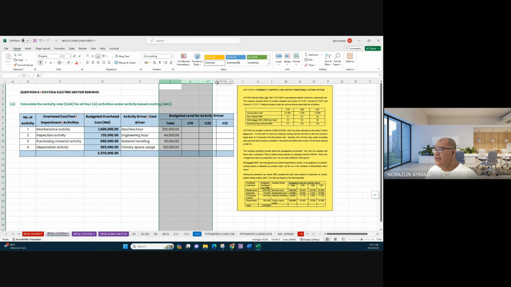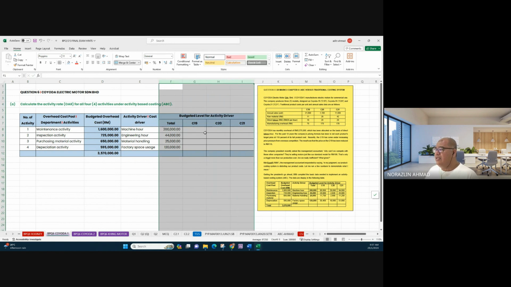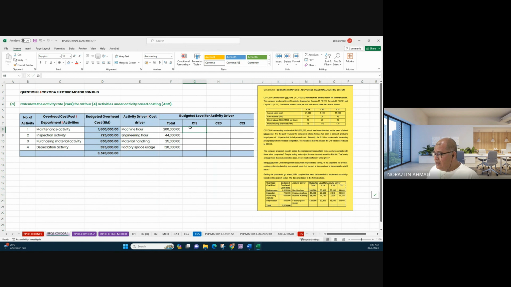Okay, how do you divide it among these three products? The question already gives you the allocation. This one is 80 out of 200, 80 to C19, 26 to this one, 94 to this one. So altogether is 200. This one 680, this one 2640, 24608. Okay.